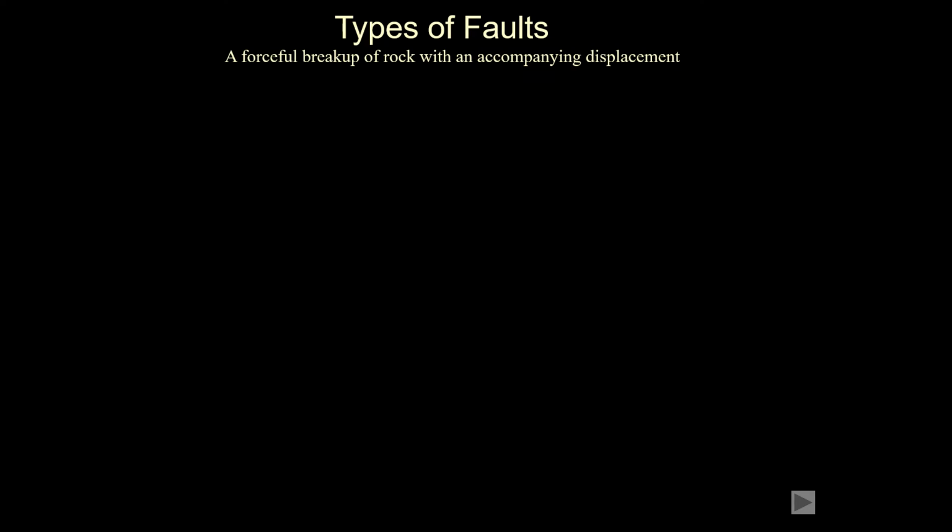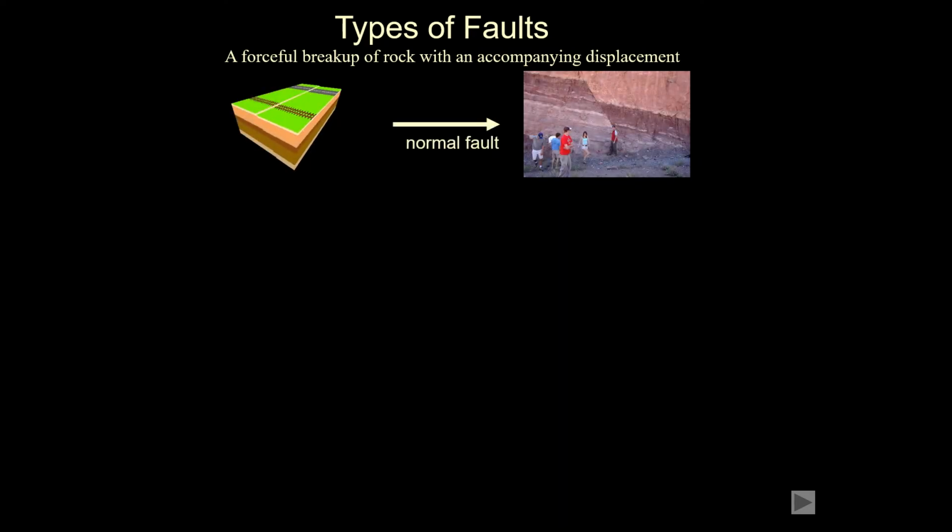Make sure that these types of fold are related to the faults that you have learned. Normal fault happens because of tension stress, or you can relate it with the divergent boundary. The two rocks are splitting away, going away from each other, and this type of fault is created because of the lack of material due to the tension.